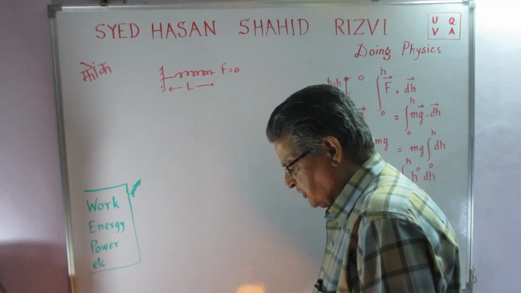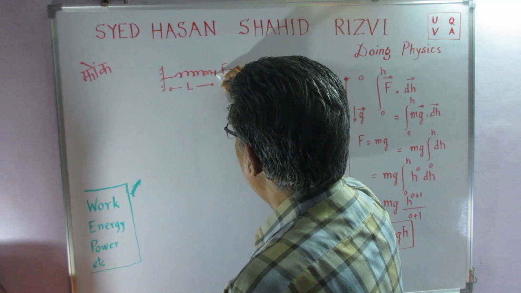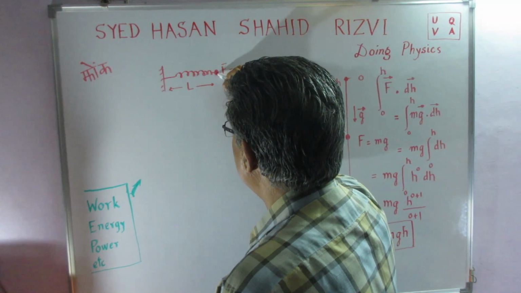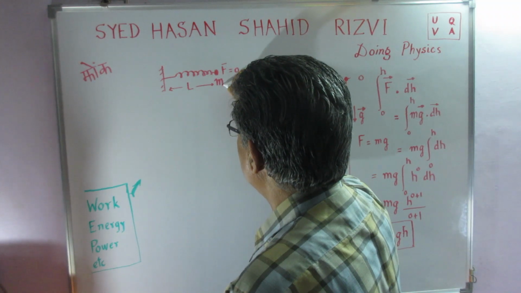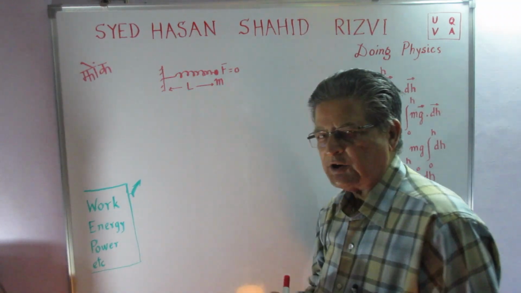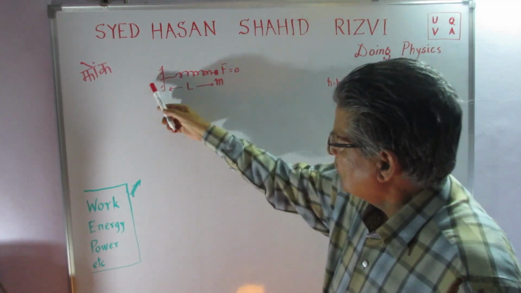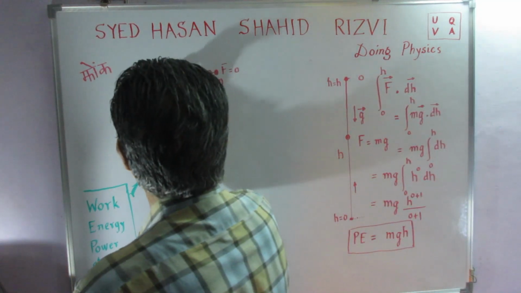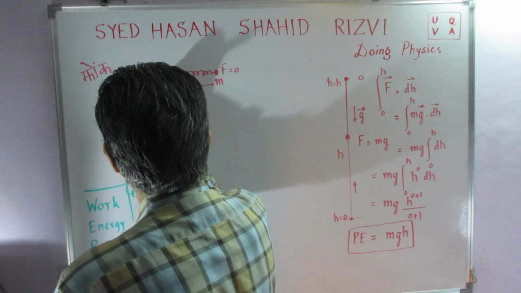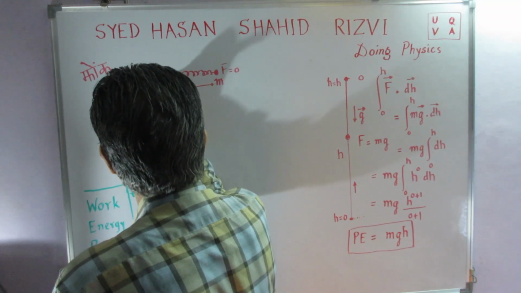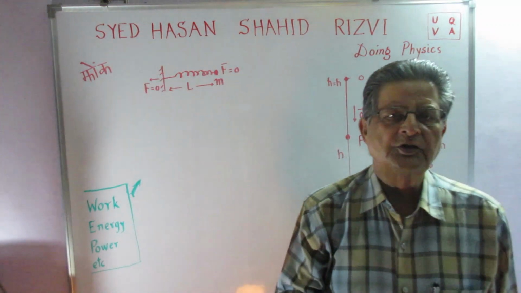Now I attach a mass to this spring over here, and this mass has got a mass m, which is attached to the spring. The force over here is also equal to 0, so the tension in the spring is equal to 0.